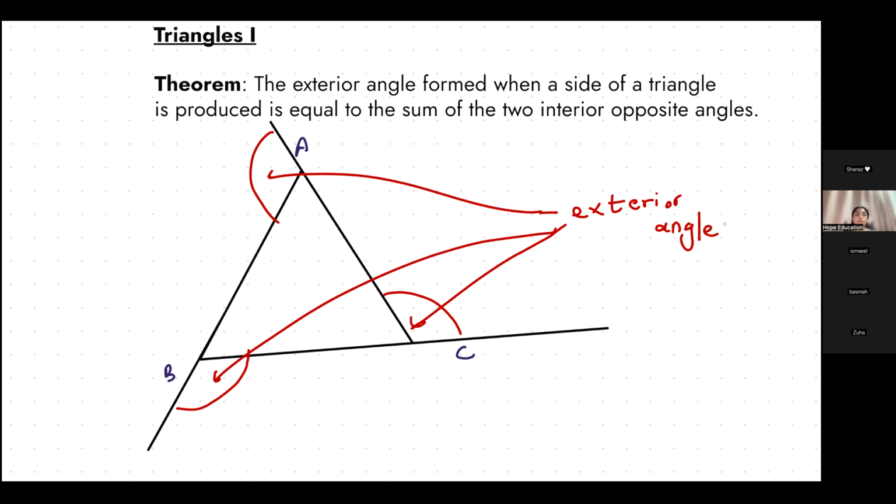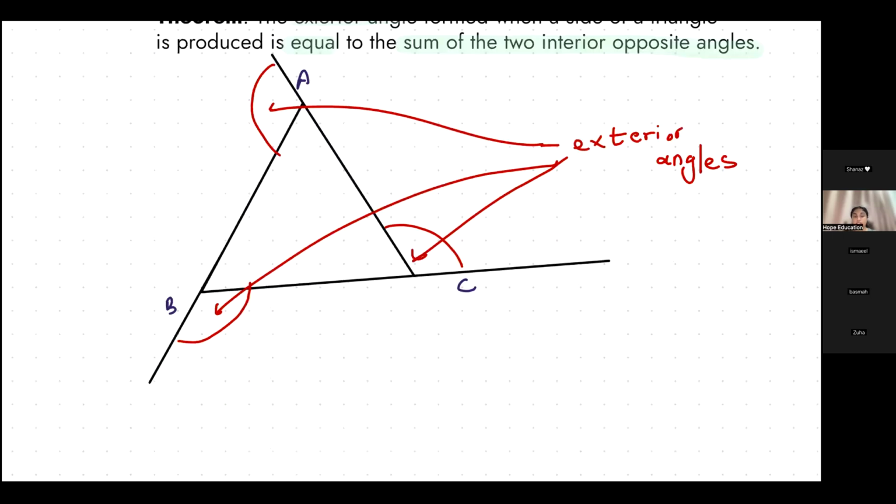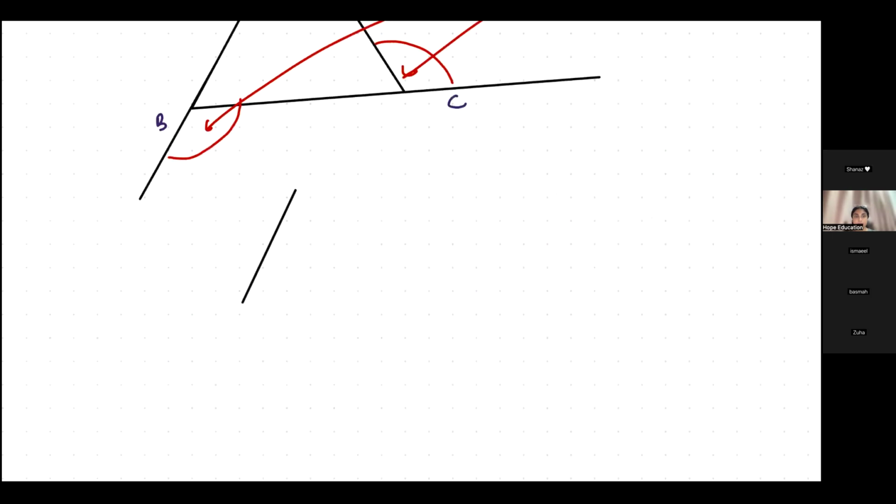Now we'll talk about the theorem. The exterior angle formed when a side of a triangle is produced is equal to the sum of the two interior opposite angles. So for this, I will draw another triangle like this. Let's say in this triangle, this side is produced.